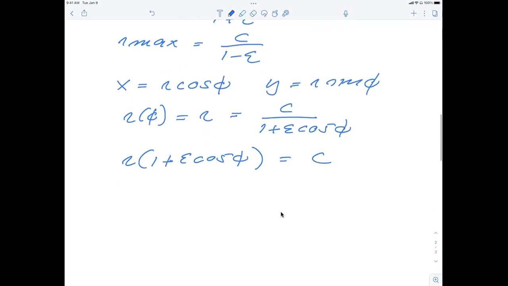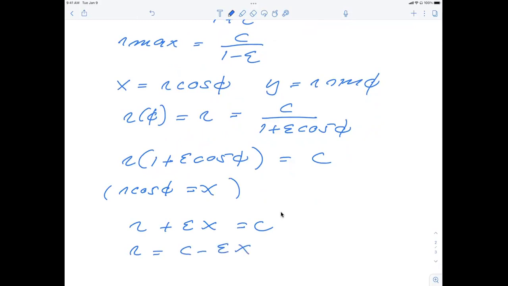What we know is that R times cosine phi, as we said, is equal to x. So we can rewrite this in the following terms: R plus epsilon times x is equal to C. Or I can rewrite R as C minus epsilon times x.